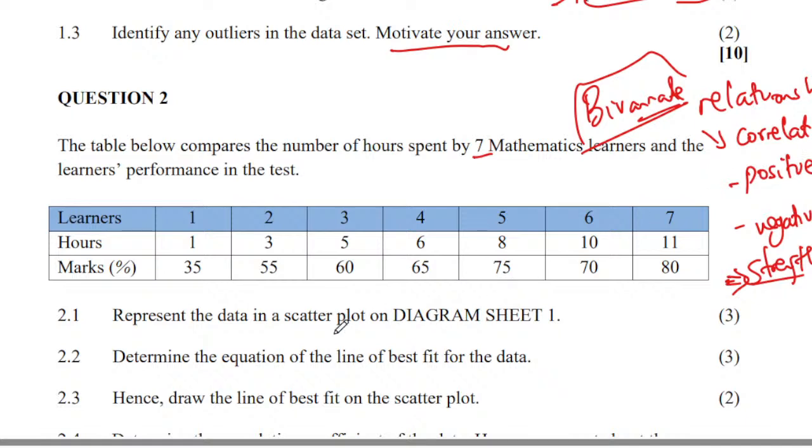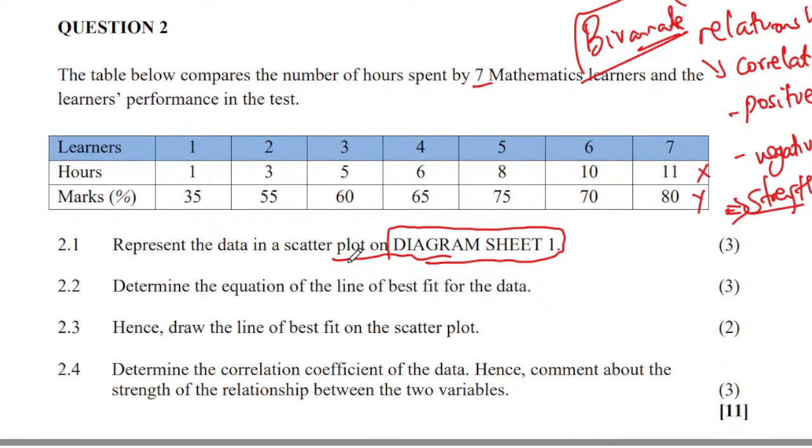In this case, they want you to represent the data on a scatter plot. When you're drawing your scatter plot, I think they'll give you the diagram page where everything will be labeled, and all you do is the plotting. Hours represent the X values, and the marks represent the Y values for starters.